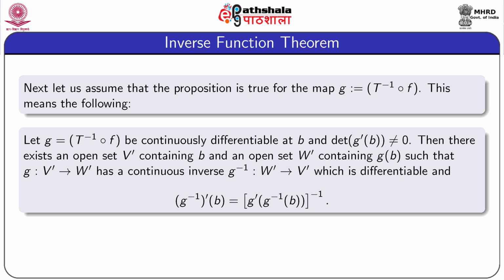Then there exists an open set V dash containing B and an open set W dash containing G B such that G from V dash to W dash has a continuous inverse G inverse from W dash to V dash which is differentiable and derivative of G inverse at B equals the inverse of G dash at G inverse B.